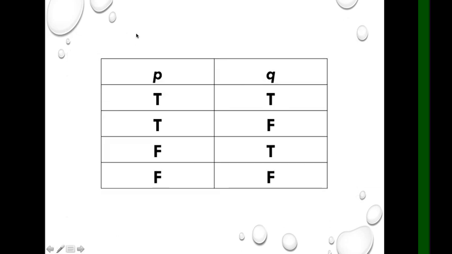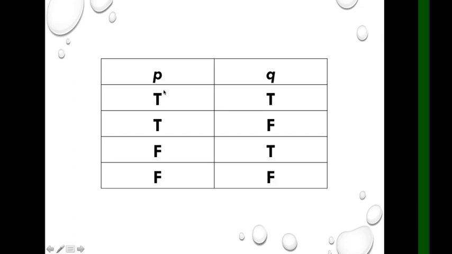So this is the table for the propositions P and Q. So we have P: true, true, false, false. And for the Q, we have true, false. If the hypothesis is true, the conclusion can be true also. If it is true, the conclusion can be false. If the hypothesis is false, the conclusion may be true. Or if the hypothesis is false, the conclusion may be false.